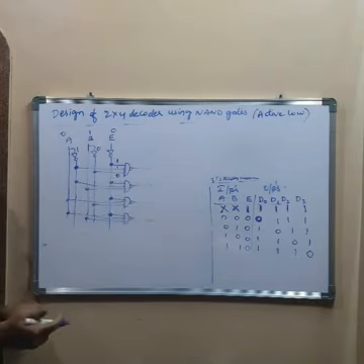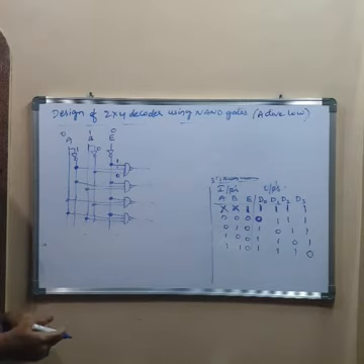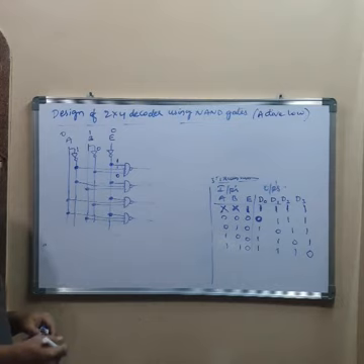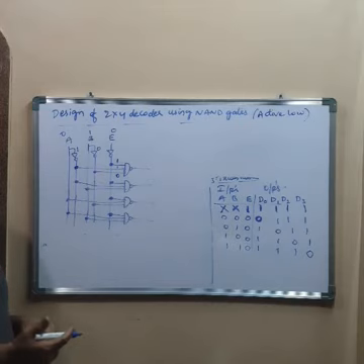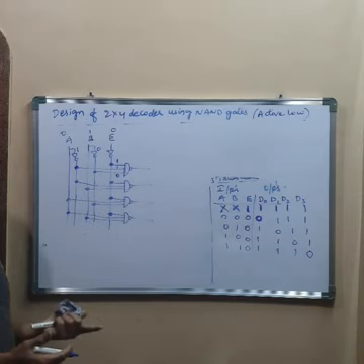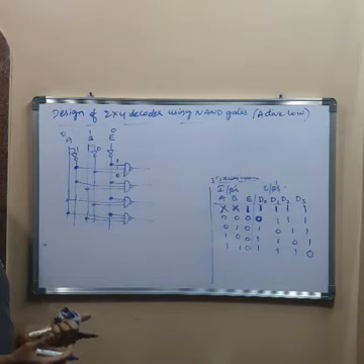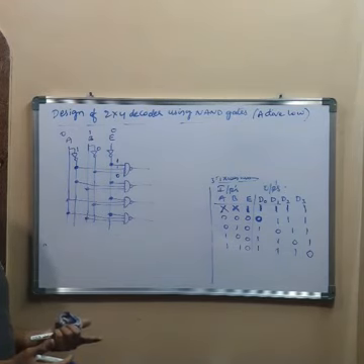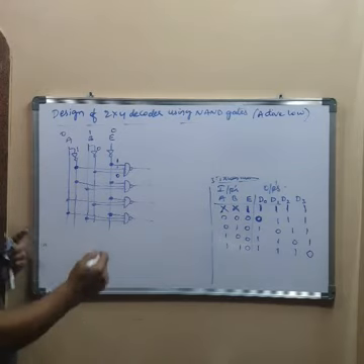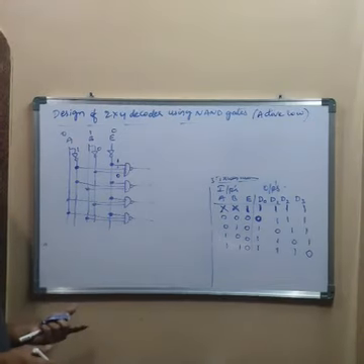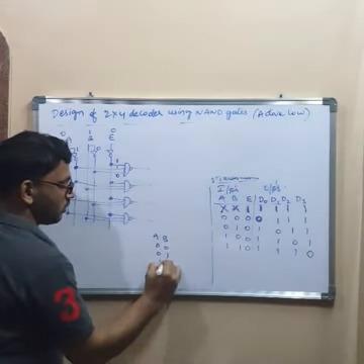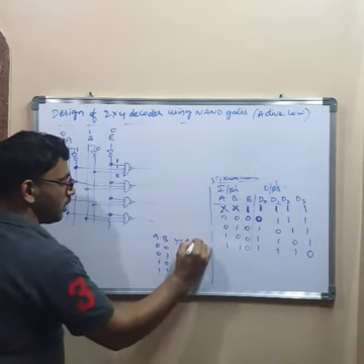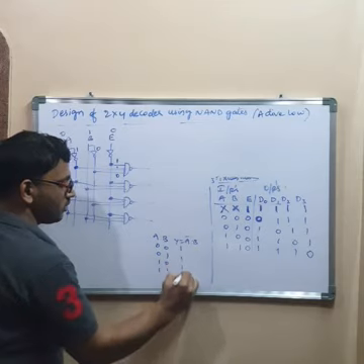The output of an AND gate is 1 if all inputs are 1. But what will be the output of a NAND gate? If any of the inputs is 0, the output will be 1. If all the inputs are 1, the output will be 0. Quite opposite to AND gate. In AND gate, if all the inputs are 1, the output will be 1. In NAND gate, if all inputs are 1, the output will be 0. Right? For remaining combinations, the output of NAND gate is 1. See, I will write the NAND gate truth table here: 0 0, 0 1, 1 0, 1 1. Y is equal to A dot B whole bar: 1, 1, 1, 0.